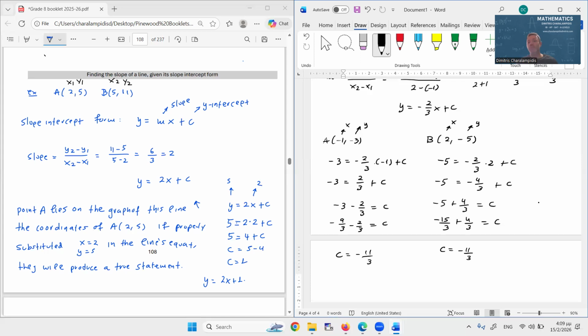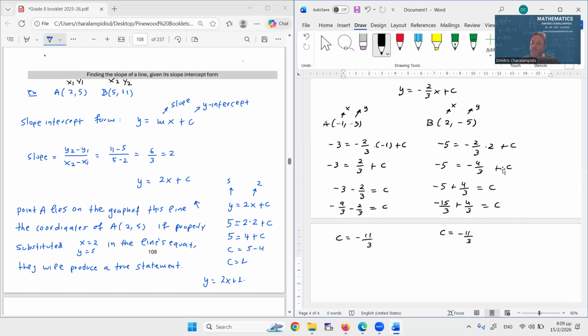And yes, we did it this time. We were all right. So final answer would be that the slope-intercept form of the line that passes through these two specific points, A and B, would be the form y is -2/3 x minus 11/3.